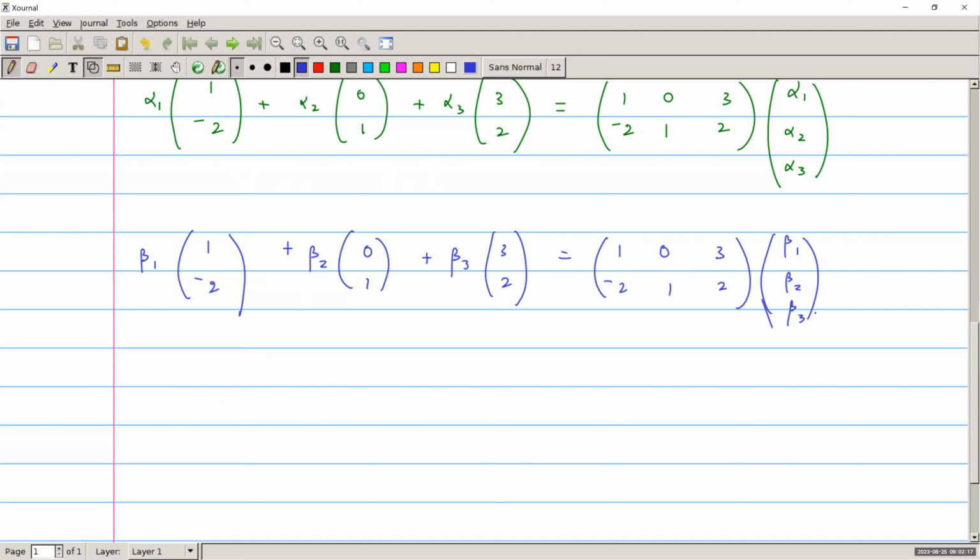If I want to keep track of both of them simultaneously, I write this matrix multiplication operation. When I'm multiplying the first matrix by the second matrix, the first column of the product will be this linear combination, and the second column of the product will be this linear combination.